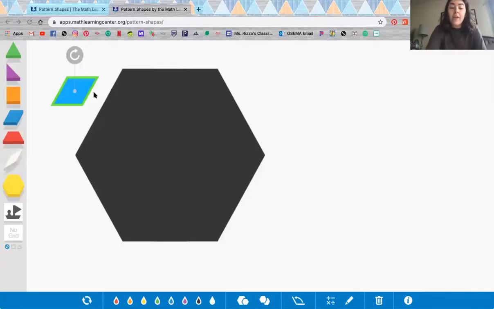So I'm going to use this rhombus to find the area. So what I want you to do is think about this question. Am I going to need more rhombuses than I did with triangles yesterday, or less rhombuses than the triangles from yesterday? So pause the video if you need and think about that question. Am I going to need more of these rhombuses or less of these rhombuses?